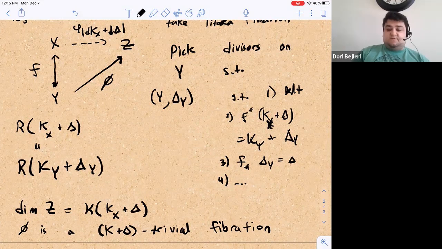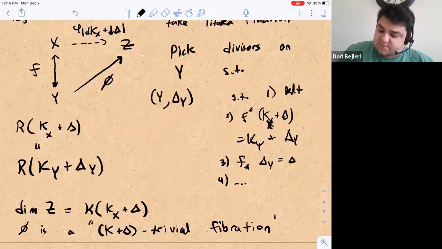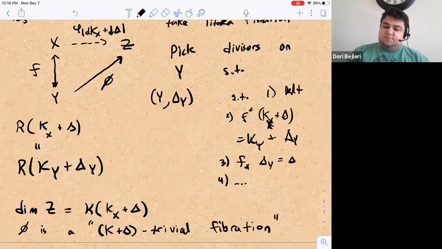So on the generic fiber, since kx plus delta is pulled back from z, you can imagine on the generic fiber, kx plus delta is trivial, and so then we resolve and add the right divisors, and we get that on the generic fiber of y, kx plus delta is trivial up to whatever we had to blow up to resolve. So maybe there's some kind of horizontal blow ups we have to make. So I'll put quotes around here because there's a slight correction term to that.